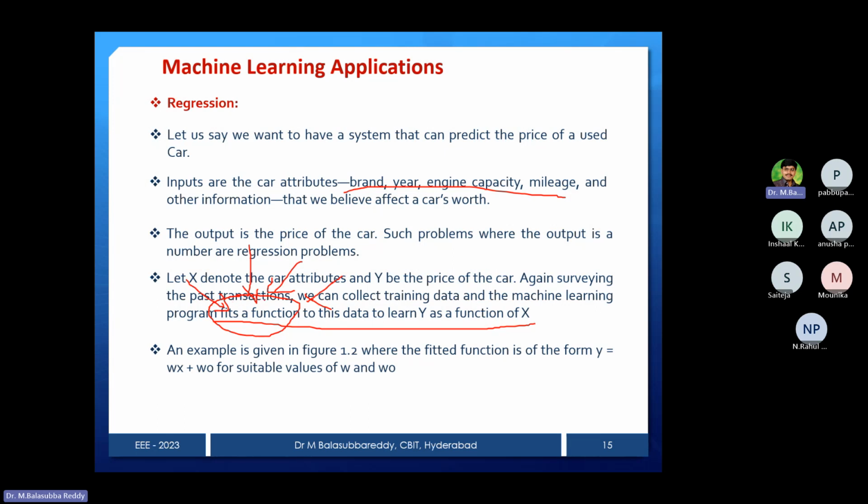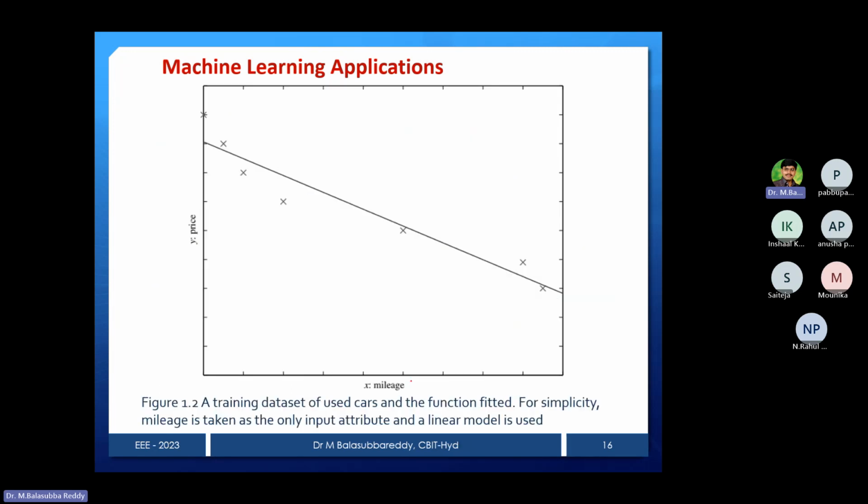In this case, we can see that y is equal to w1 x plus w naught, and for suitable values of w1 and w naught, y can be found. Now you can see mileage and price, just as an example; many parameters may be there.